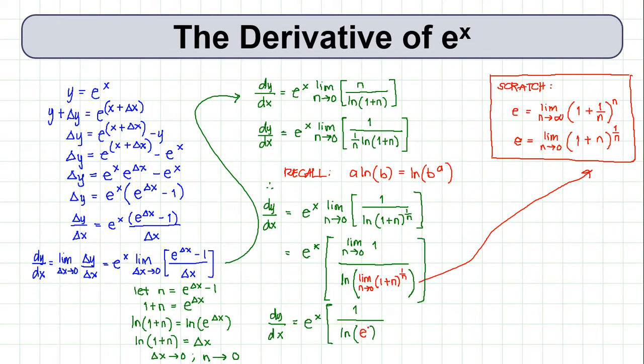Yan yung ating definition. Gagamitin pala natin yan. Okay? And we all know that 1 over ln e is also equal yan sa 1. Kaya ang natira na lang sa atin is e to the x.